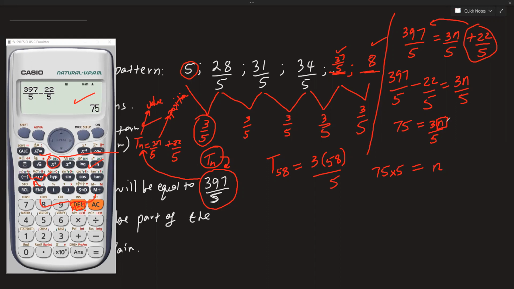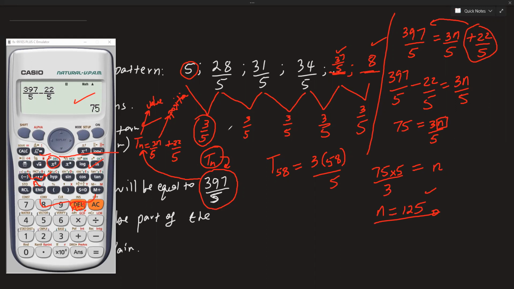The 3 is multiplying the n, so this side is going to divide. So it does the opposite of what it does this side. Then if you press that on a calculator, it should give you n equals 125. Right. That's the position. So term number 125 will be 397 over 5.